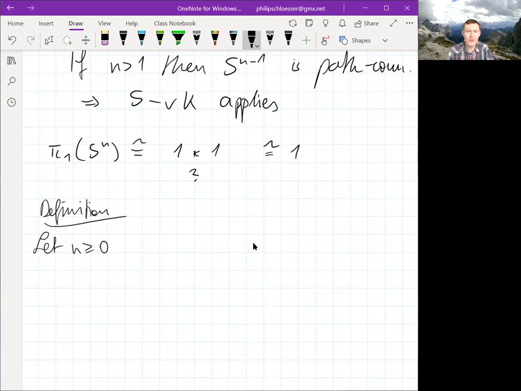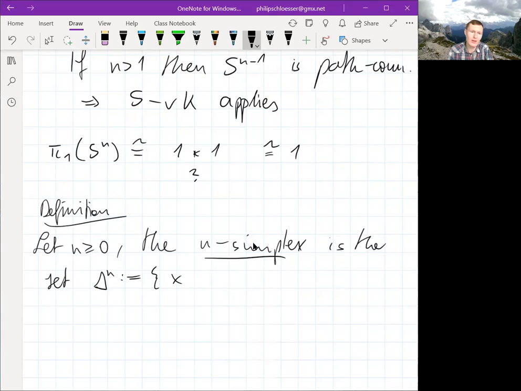Let n be bigger than or equal to 0. The n simplex is the set Delta n. So we have x in R^(n+1) such that all of the xi are non-negative, and the sum of the components is equal to 1.